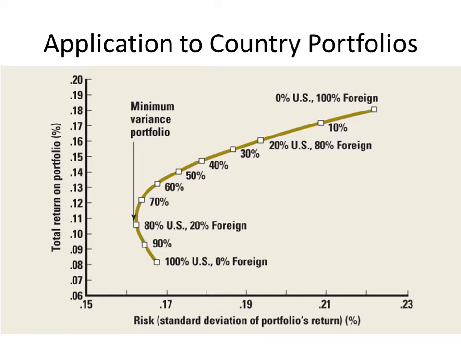I could either continue to be invested 100% US and no longer consider myself a sane, rational individual, or I needed to diversify my portfolio into foreign stocks so I would be somewhere on that efficient set. And being a risk-averse professor type, I chose to put myself at the minimum variance portfolio. So right now, all my retirement is invested 80% US, 20% foreign. So now at least I am on the efficient set.